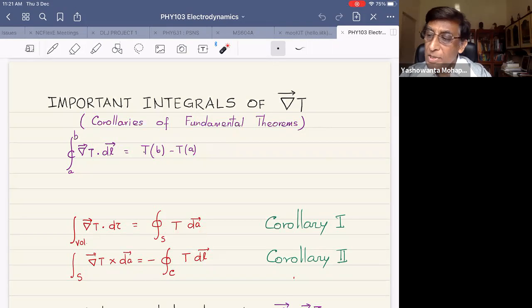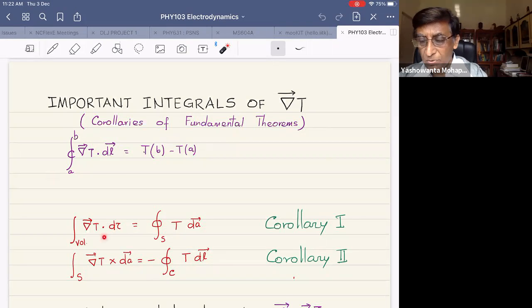Similarly, corollary 2 says the integral over the surface of del cross t is minus the line integral of the scalar t over the curve dl. These are 2 corollaries. You can see these 3 as one set of theorems: this is a line integral, this a volume integral, this a surface integral, and these are the same form.